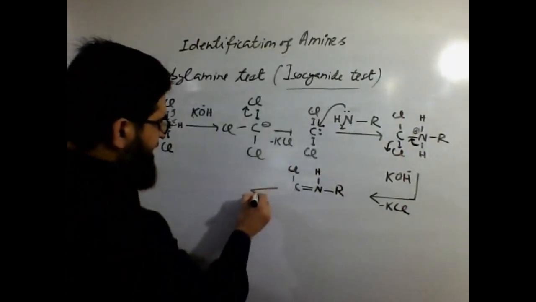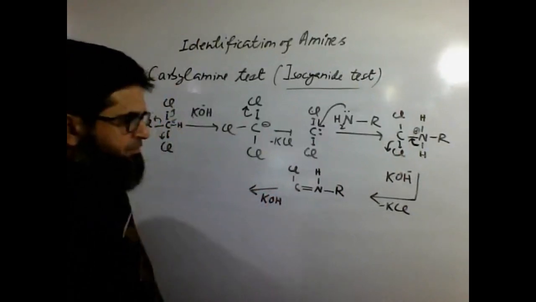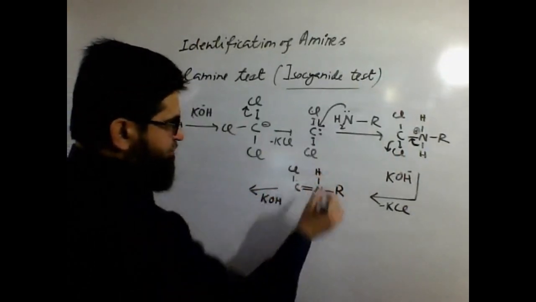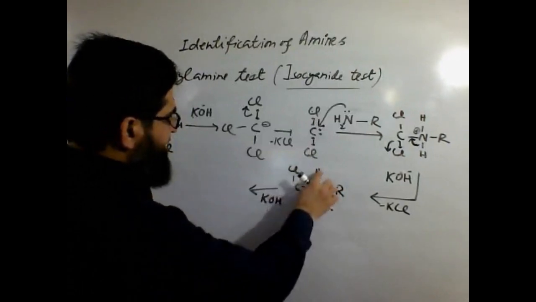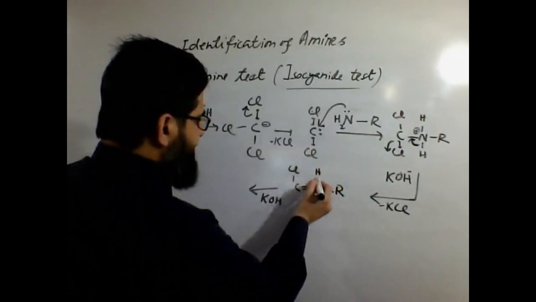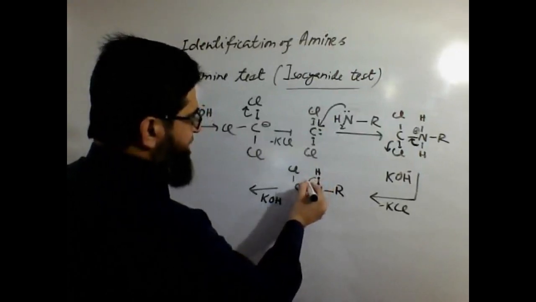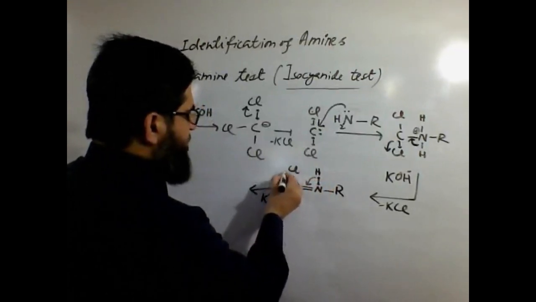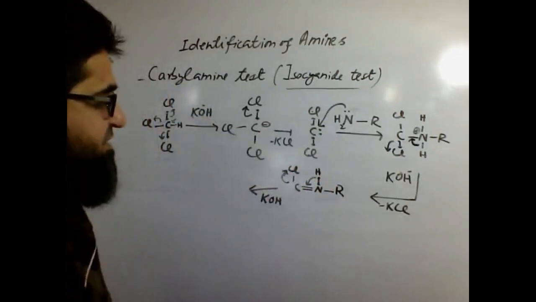Then again, another molecule of the base can take this proton out, because it's a strong base. Resultantly, this bond between nitrogen and hydrogen will move over here, and this chloro will move out as chloride again, Cl negative.